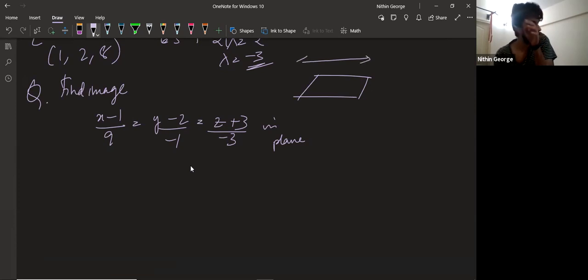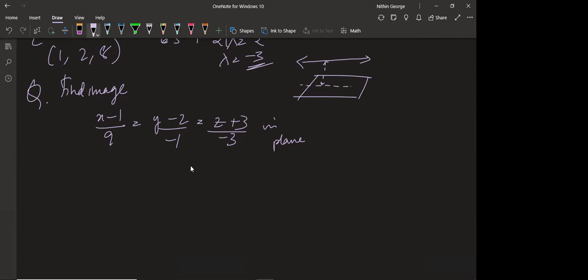What you have to find is whether it intersects this or not. But I'm telling you beforehand to save your time: they don't intersect and they are parallel.